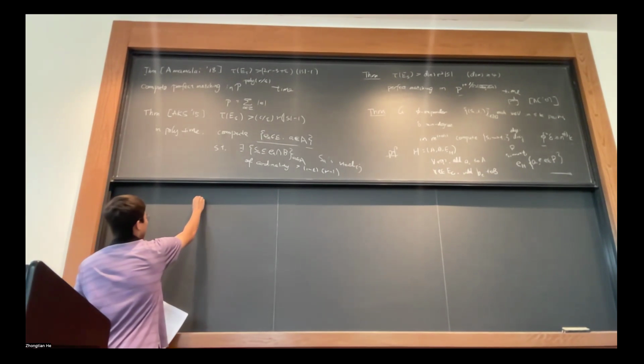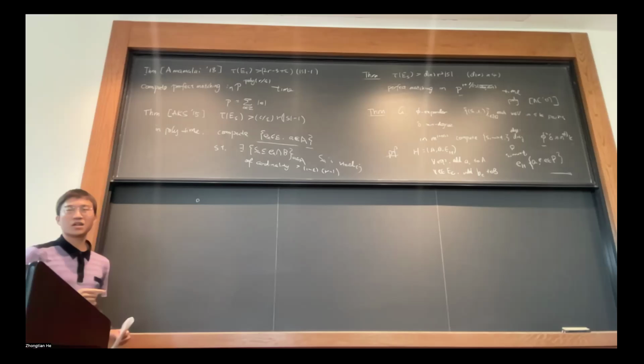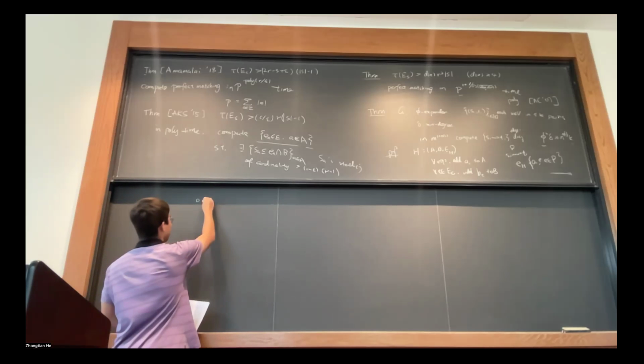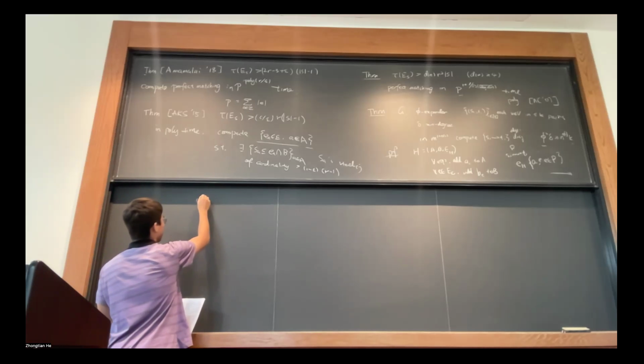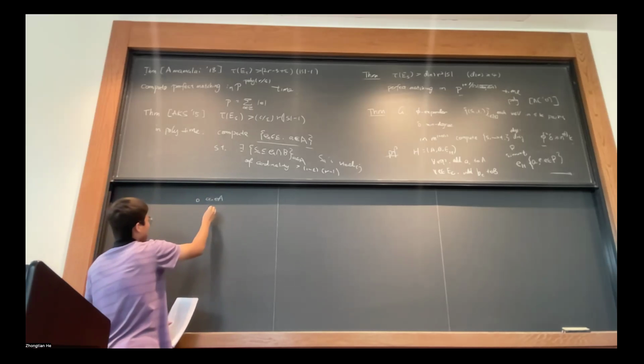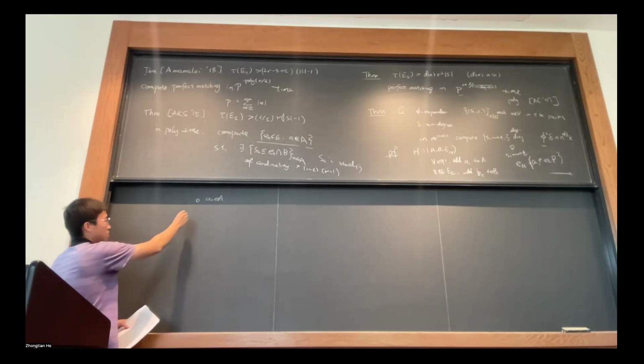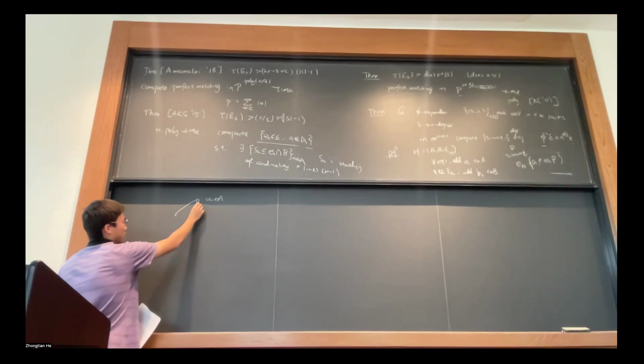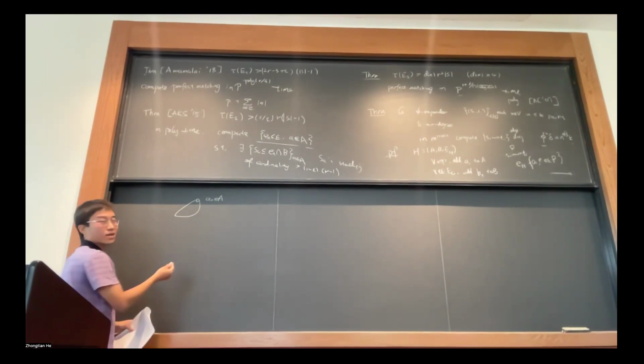You start from some unmatched vertex in A, this is a root, A0 in A, and then you enumerate the edges incident to it one by one.